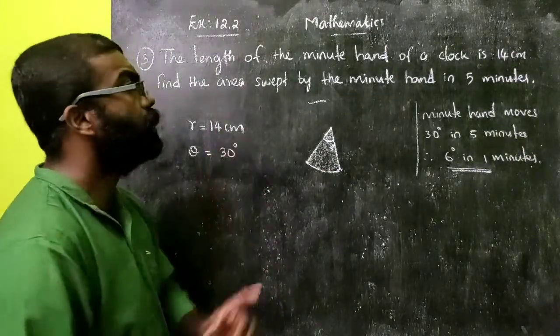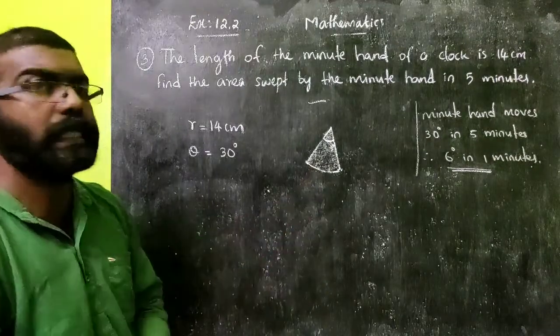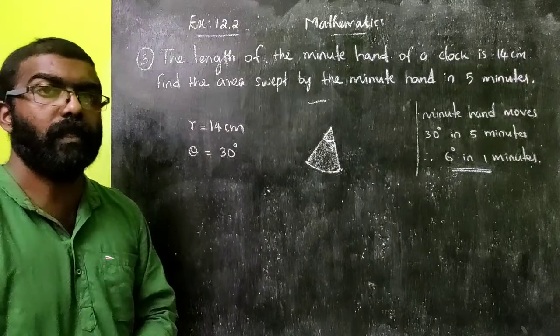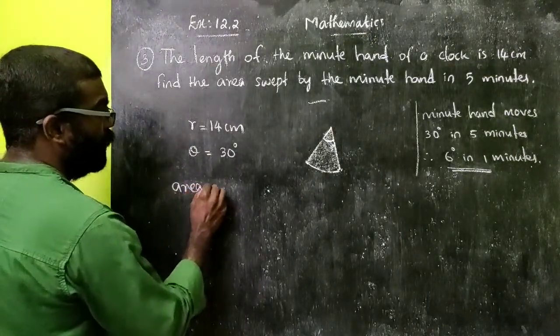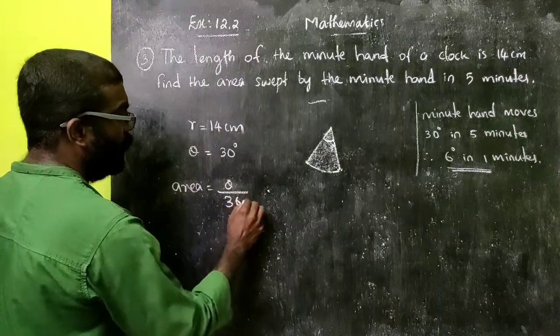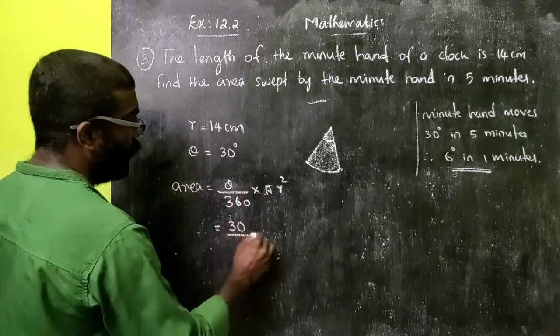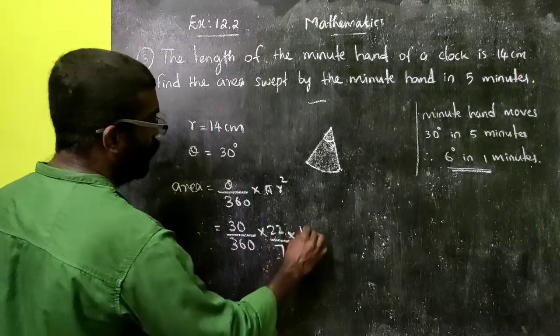So here the area swept by the minute hand in 5 minutes means the area of the sector of central angle 30° and radius 14 centimeter. Okay, so we can write area is equal to theta by 360 into pi r square. Here it is 30 by 360 into 22 by 7 into 14 into 14.